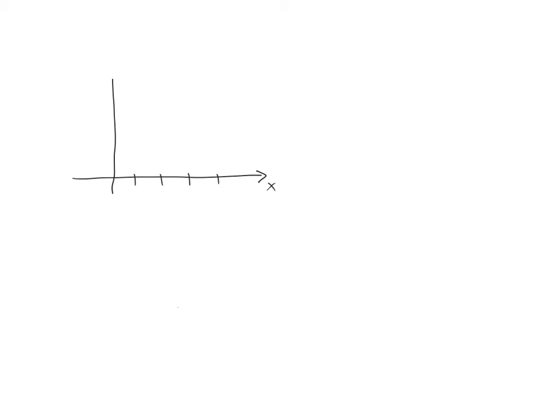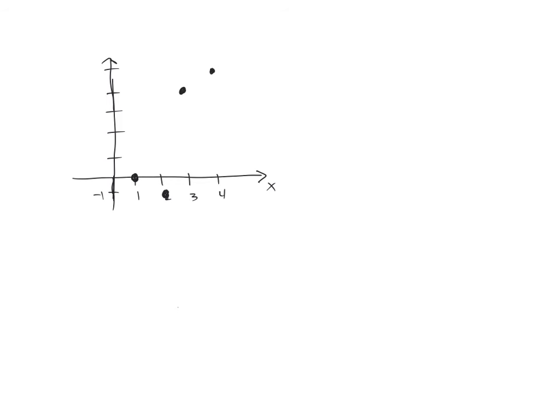And the y's range from -1 to 5. 1, 2, 3, 4, 5. All right, so we have the point 4, 5, roughly speaking up there. 1, 0, right there. 3, 4. And 2, -1.